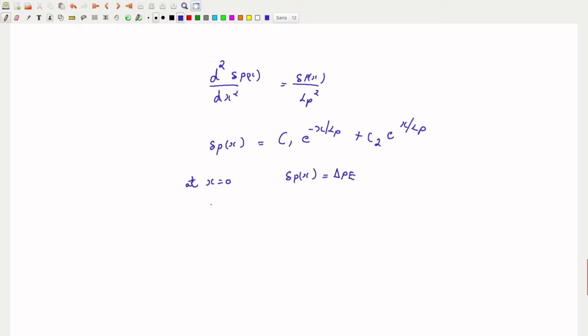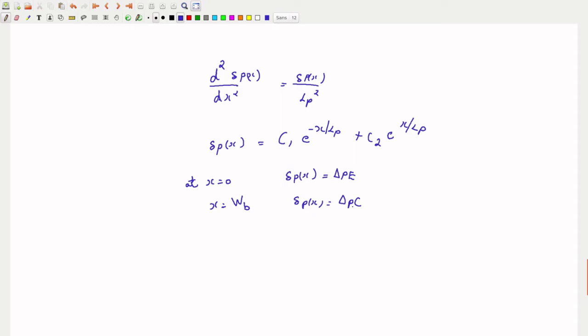And at x is equal to WB, delta Px will be equal to delta Pc, at the other edge of the base, which is nearer to the collector.